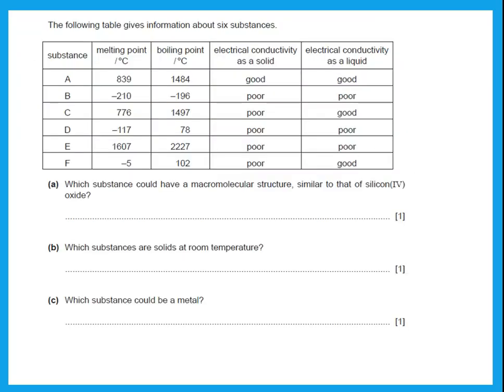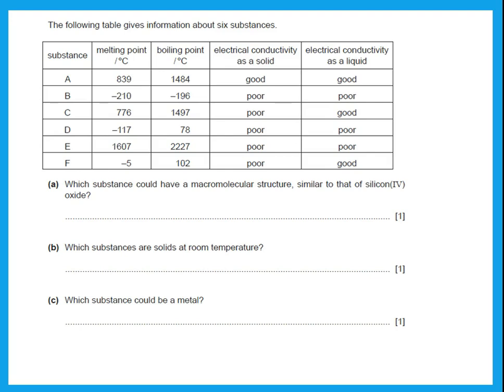Okay. Questions from paper 4. The following table gives information about 6 substances. Which substance could have a macromolecular structure similar to that of silicon oxide? We said macromolecular structure means large, giant, with a high melting point and high boiling point. Similar to silicon oxide also means it does not conduct electricity as a solid or as a liquid.